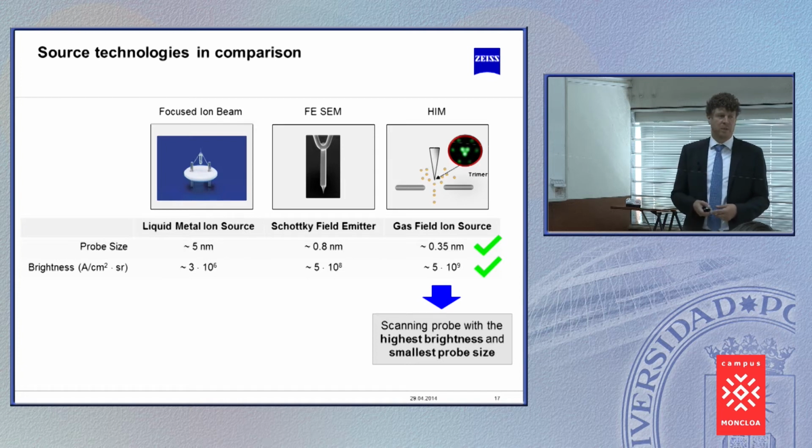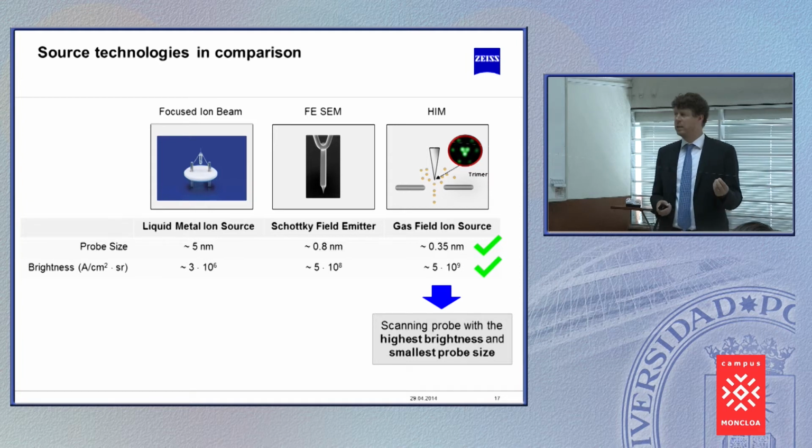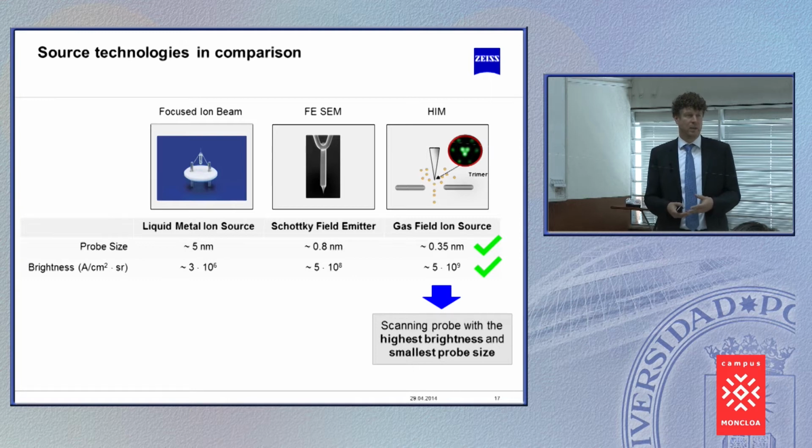It's sub-nanometer, and it's 2 magnitudes brighter. But with our helium ion microscope, we really have got the scanning probe with the highest brightness and the smallest probe size. And you see the probe size, it's specified by 0.35 nanometers, and it's better. So it's really atomic sharp probe size.